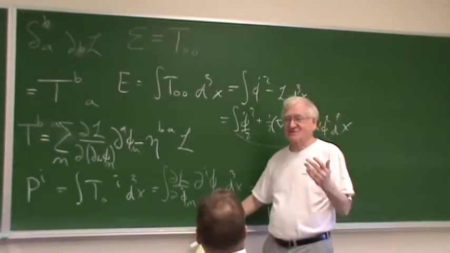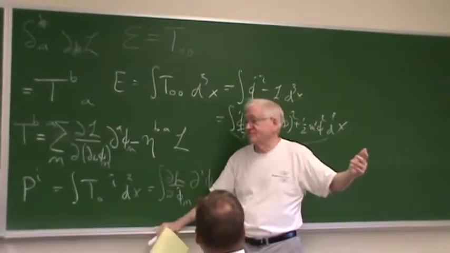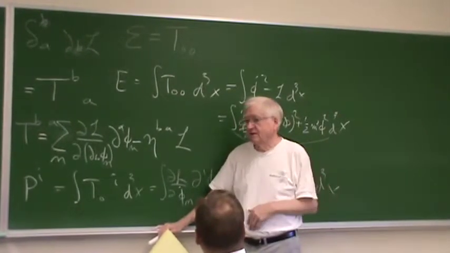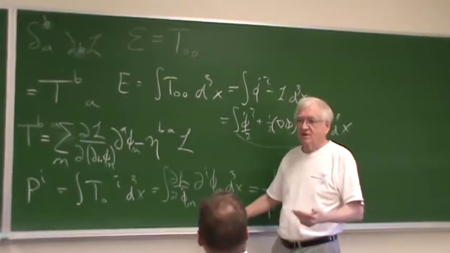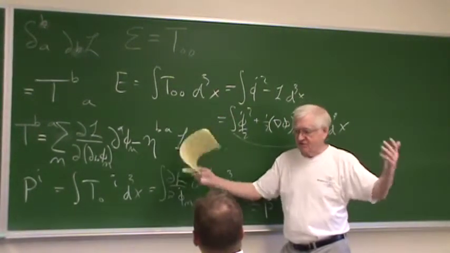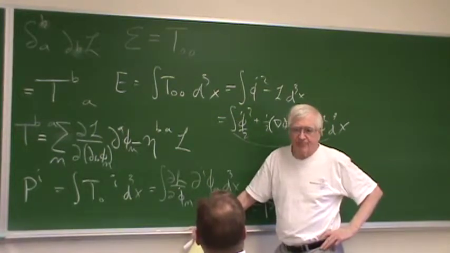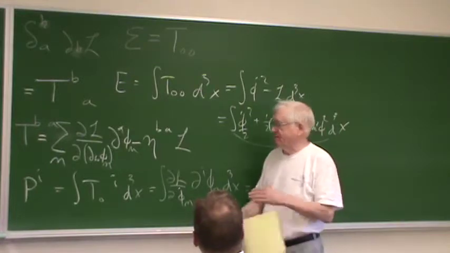Instead, what you say is that you keep the surface term and you see whether it's there or not. And if it's non-zero, then you keep it. If it vanishes, well, then you've got the energy conserved in some finite quantity.